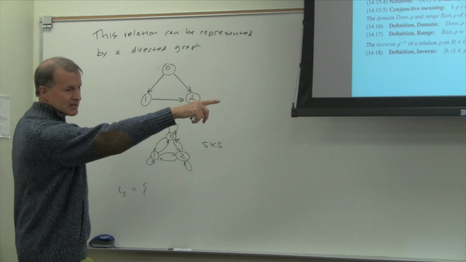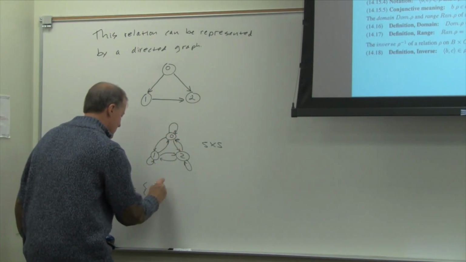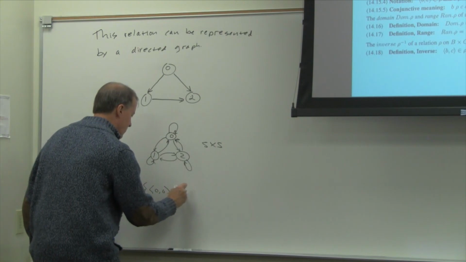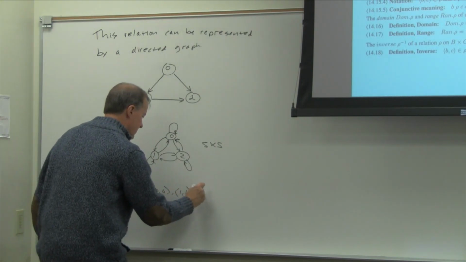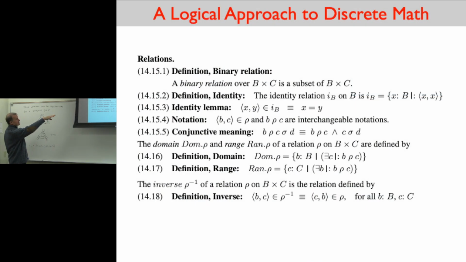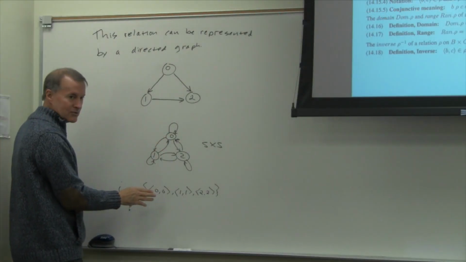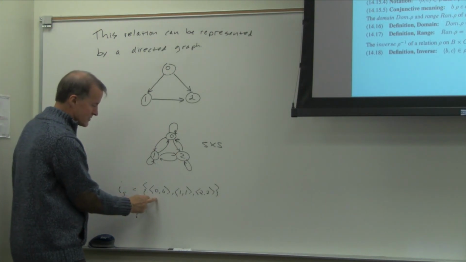This example that we did. Say it again? 0, 0, 1, 1, 2, 2. Exactly. That's the idea, because by definition, the identity relation on B is the set of all x in B of the pair x, x. So if B is S, in this example, S is the set 0, 1, and 2, then the identity relation is 0, 0, 1, 1, 2, 2.